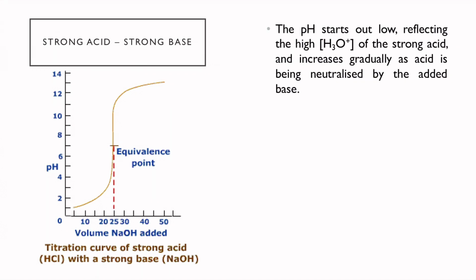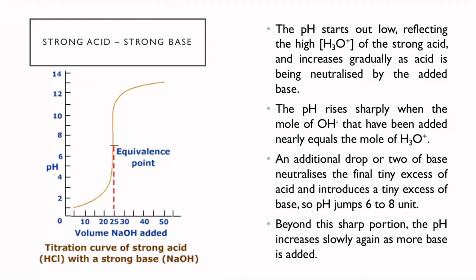Okay. Your strong acid and strong base, okay, your pH, it starts low right here. Ni contohnya, maksudnya bila awak ada dalam conical flask awak, so that means your analyte is strong acid. This is your analyte, okay.